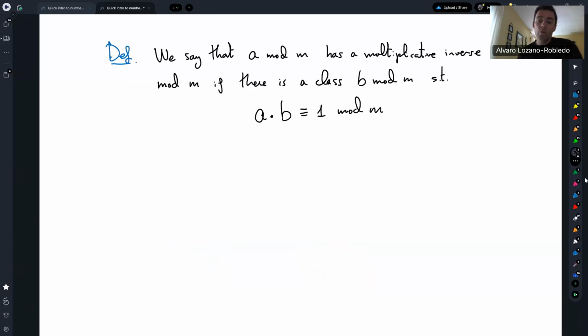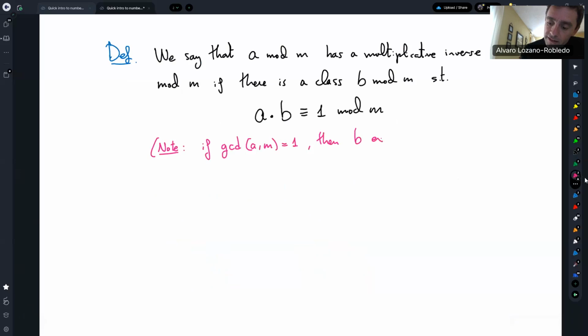So we recall that in the previous video, we saw that if the GCD of A and M is 1, then B exists, and it is in fact unique. Let me give you an example of that.